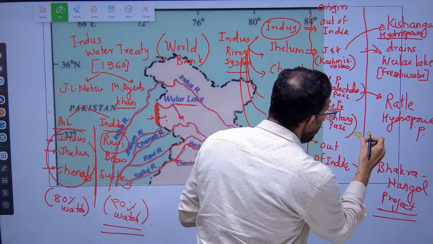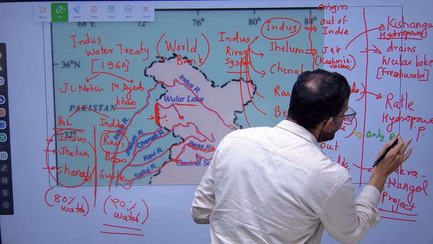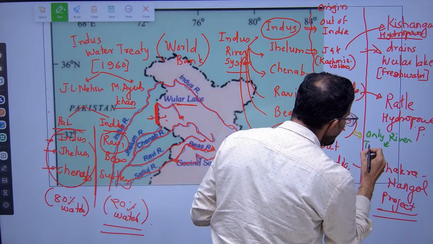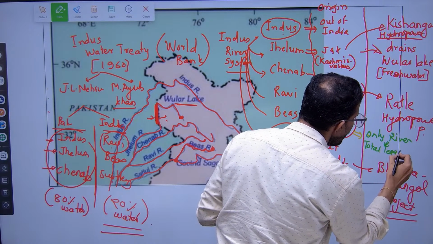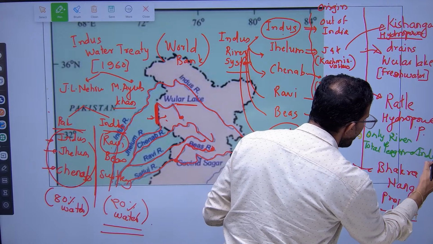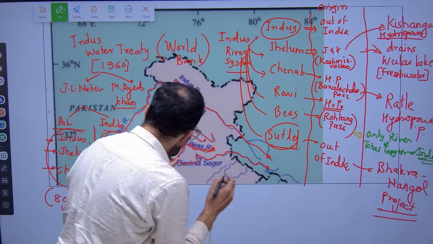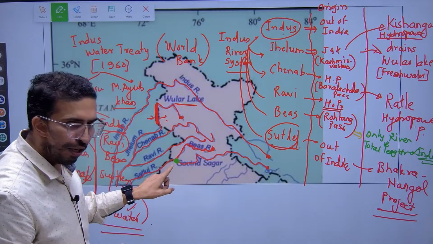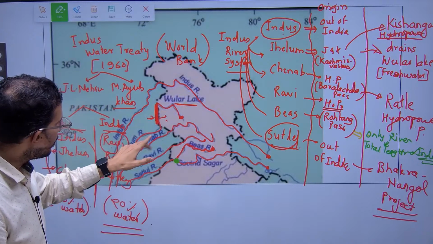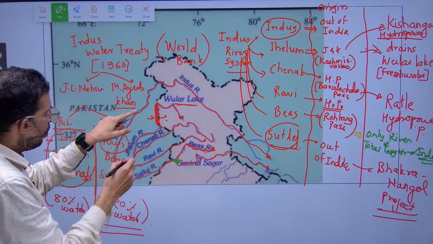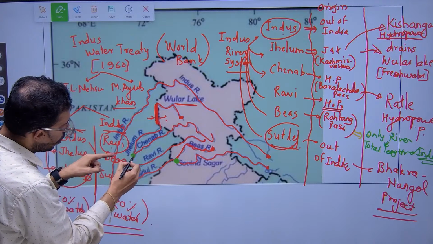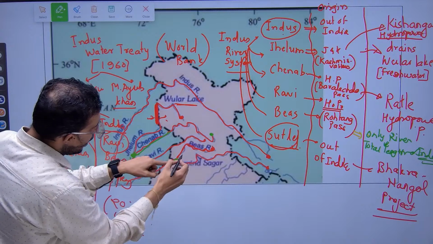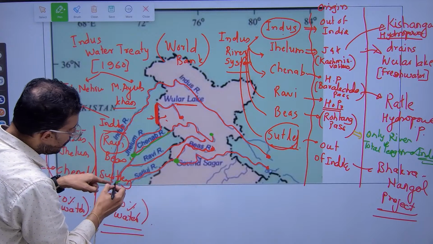Only river, only in the Indus river system, the only river which has its total length in India, which merges with the Satluj river here, and that too in India. Like the rest of the Indus river tributaries, if you see, those rivers merge with the Indus out of India. For example, Jhelum river out of India, then this one Ravi river out of India over here, then Beas only in India, Satluj again meets over here.